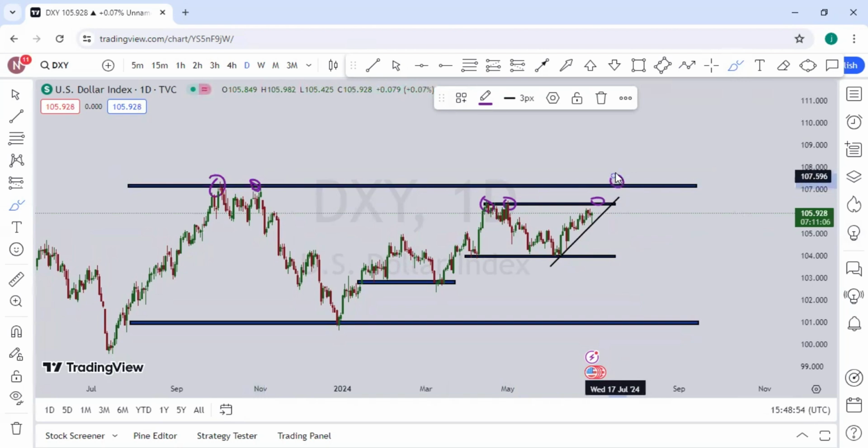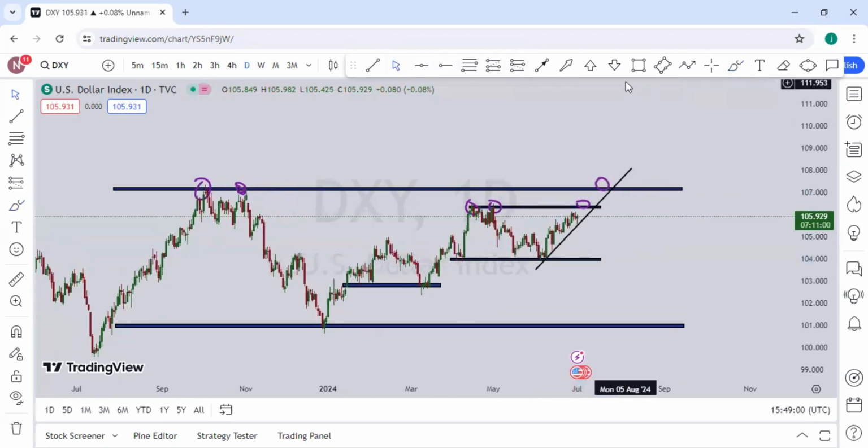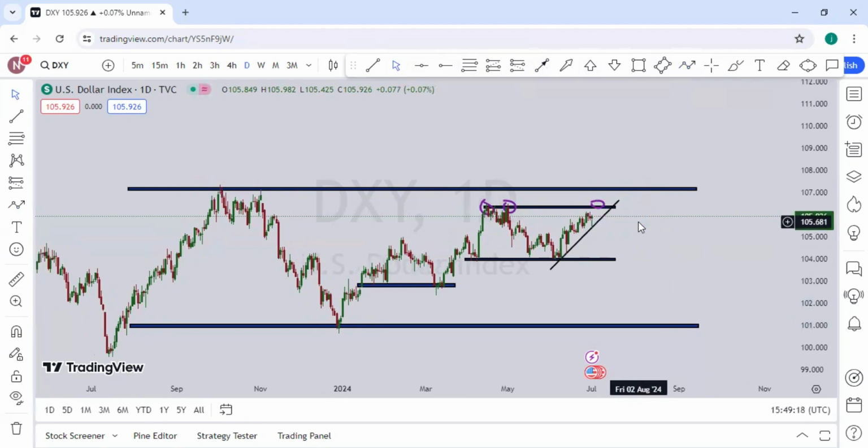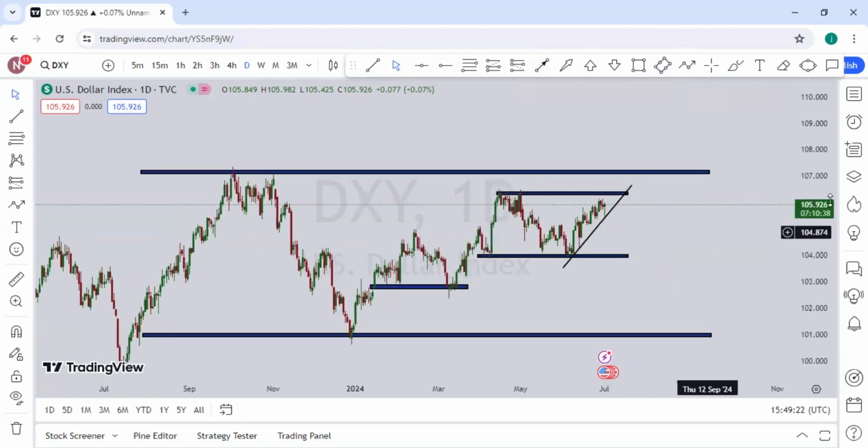At this major zone, I will do exactly what I did here. I will just wait to see if the market touches this level, then breaks this trend line, retests to my fib zone, then I can take that trade to the downside. So those are my expectations on DXY.